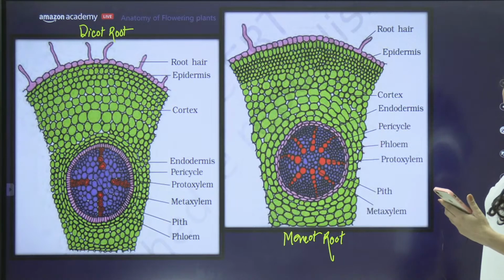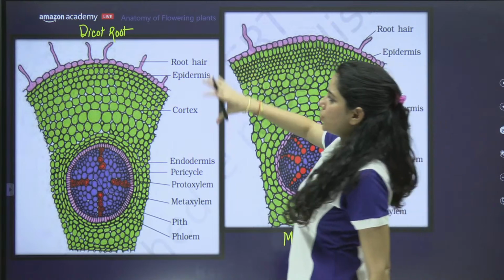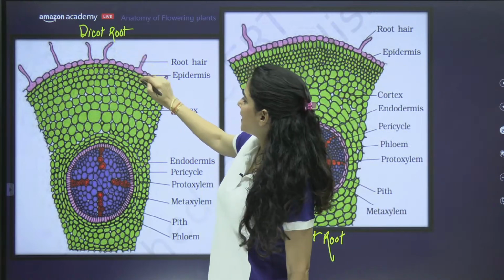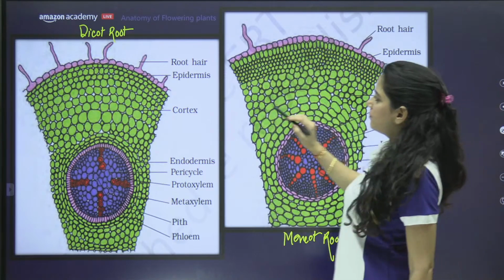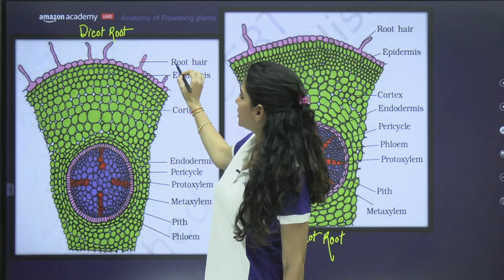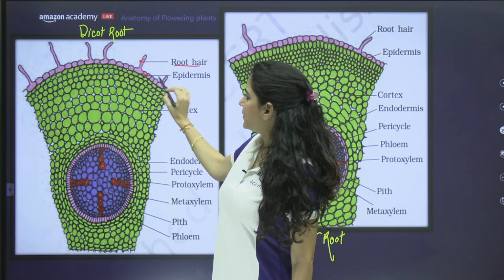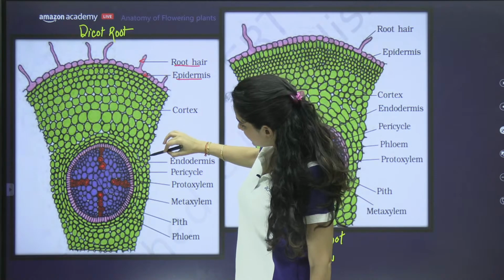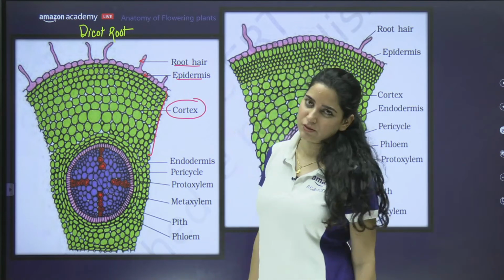So in dicot root, monocot root में आप क्या देख रहे हो बेटा? सबसे पहले बाहर वाली साइड पर क्या है? This is root hair here. इसके बाद this is epidermis. Epidermis के बाद इतना सारा region ये क्या है? This whole region is cortex.